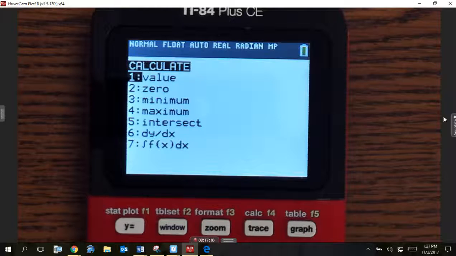Get the plot off. You've got to go up there and turn it off. It's going to take me one moment to fix this. Okay, all right. So we're under second trace, and you look at your choices. Which choice is going to help me find where the two graphs intersect? 5. Push 5.